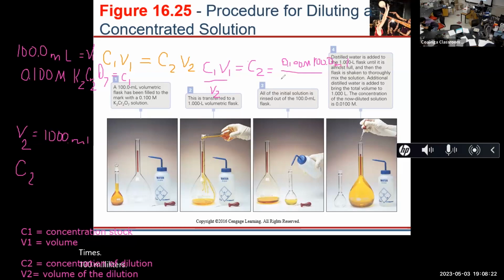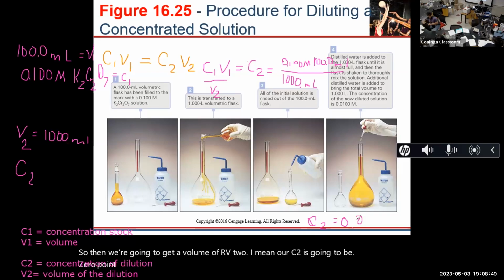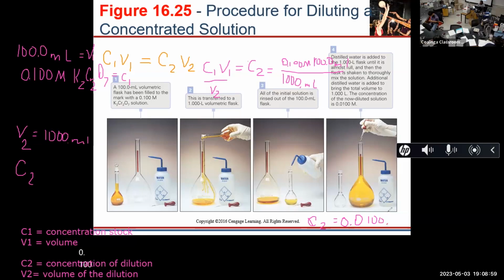And we're dividing that by 1,000 milliliters. Okay. So then, our C2 is going to be 0.0100 molar.